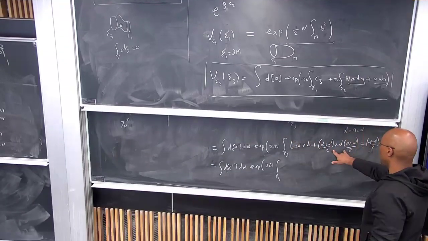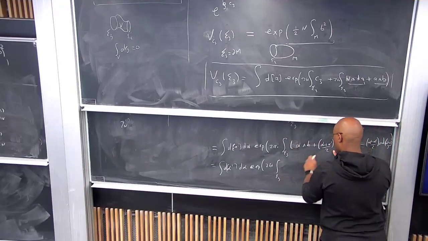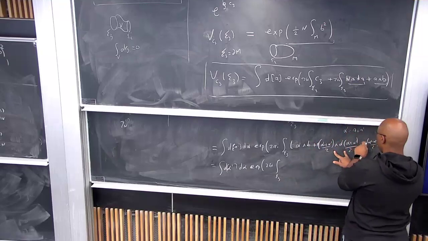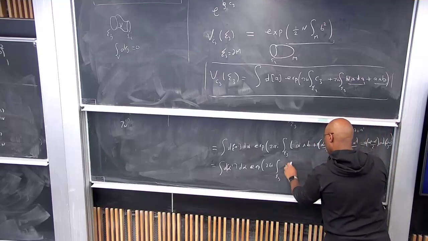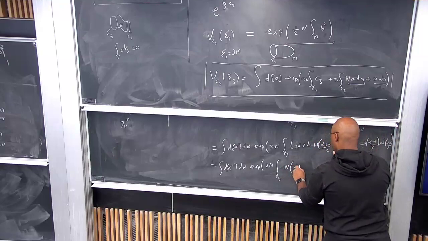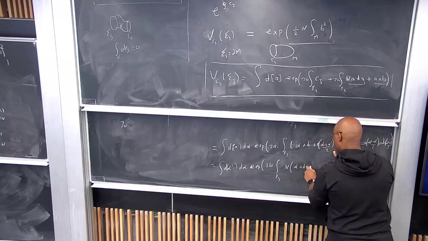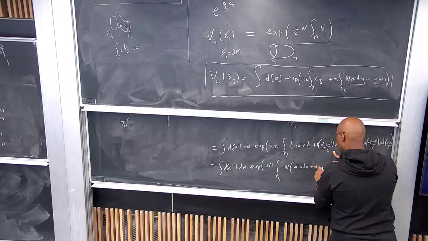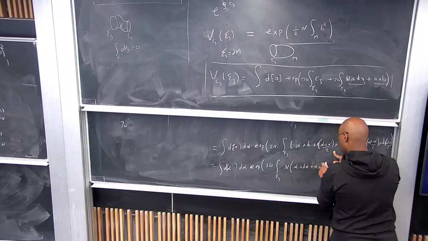So you get the original theory, that I should keep track of, is n times alpha wedge d alpha wedge b.